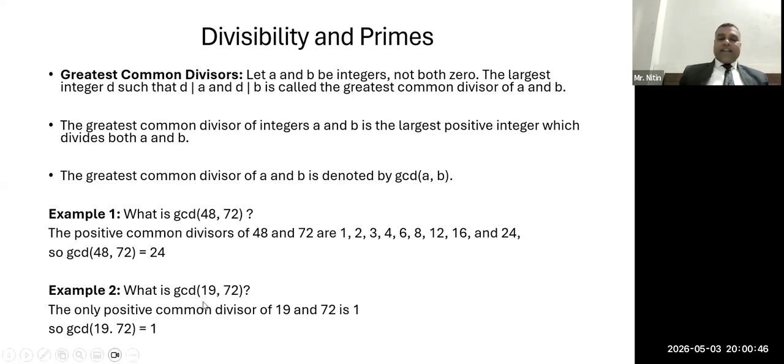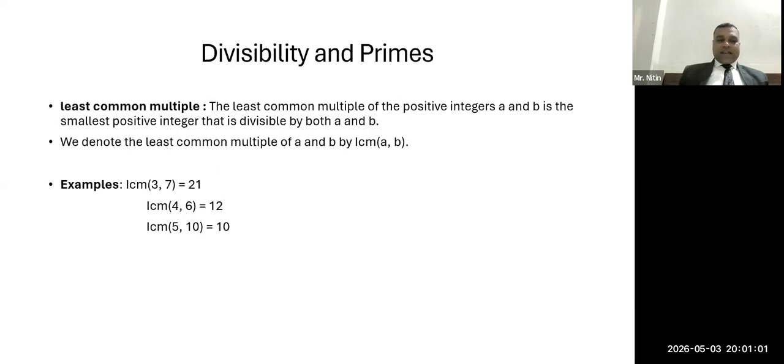So 1 is the GCD of both the numbers, 19 and 72. I hope both the concepts are clear.